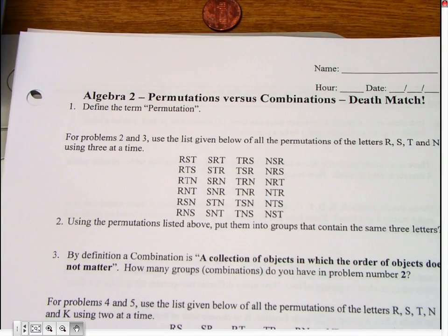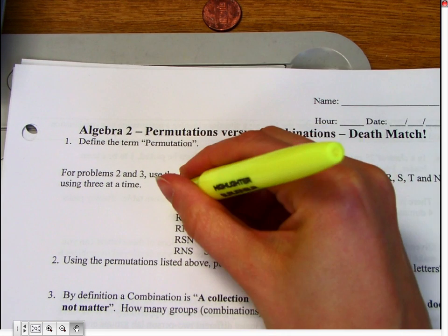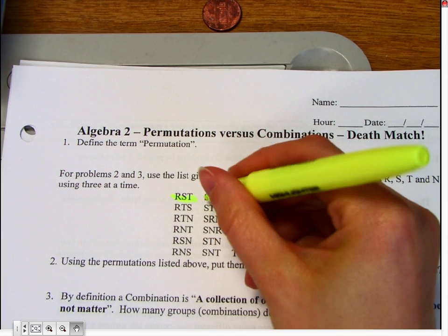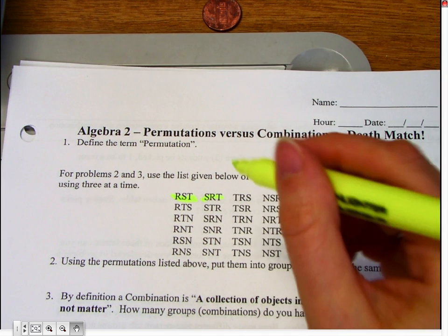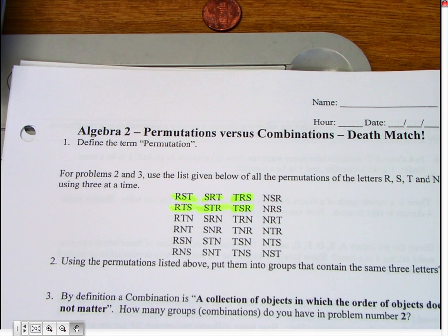Okay. Using the permutation list above, put them into groups that contain the same 3 letters. So watch, this is what I'm doing. RST, so I want to highlight every single one that has an R and an S and a T in it. Circle it with your pencil. Now I'm going to make a different group with NSR in it.